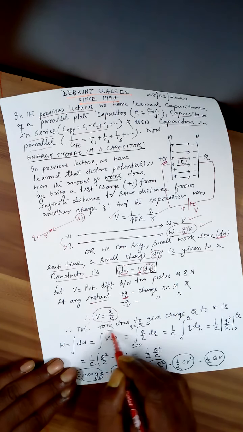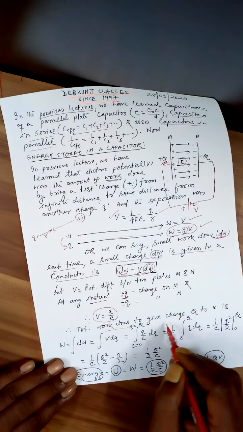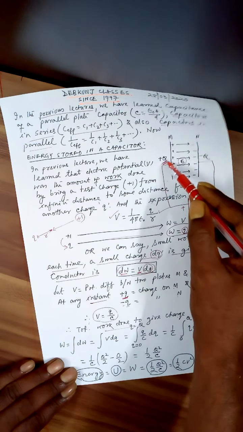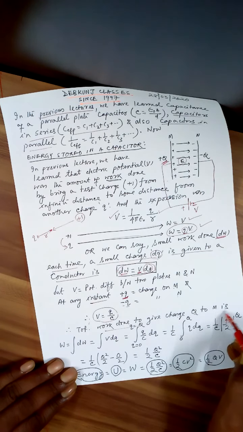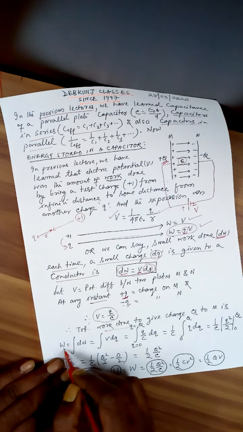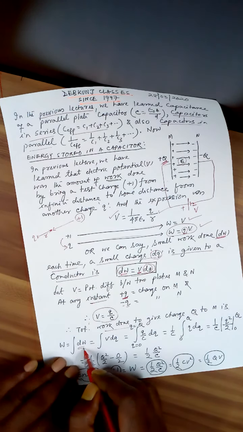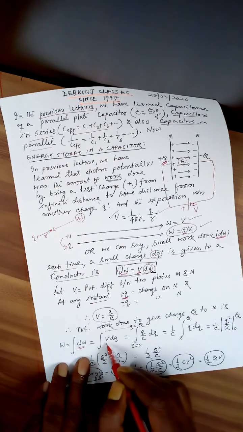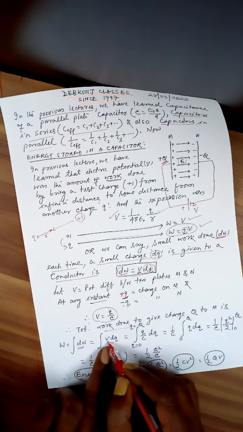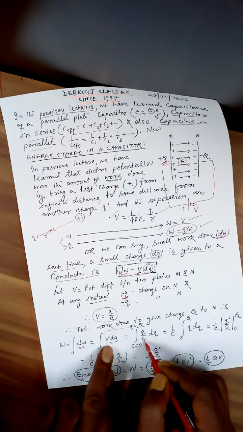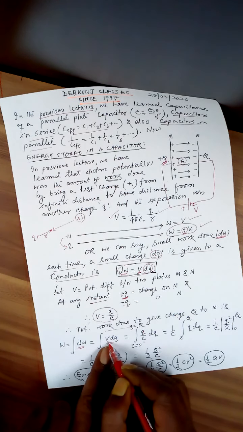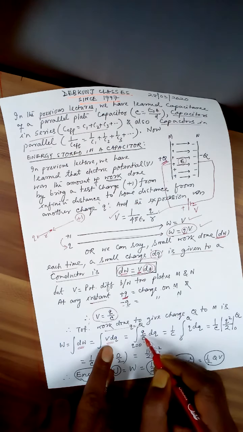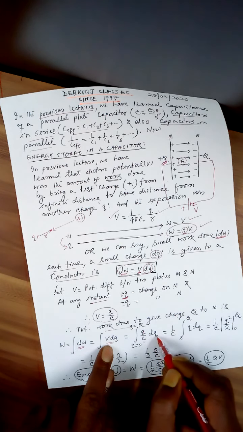So the total amount of work done to give charge plus Q to this plate M is W equal to the integration of dW, and dW is equal to V dq. For V, I am putting q by C.